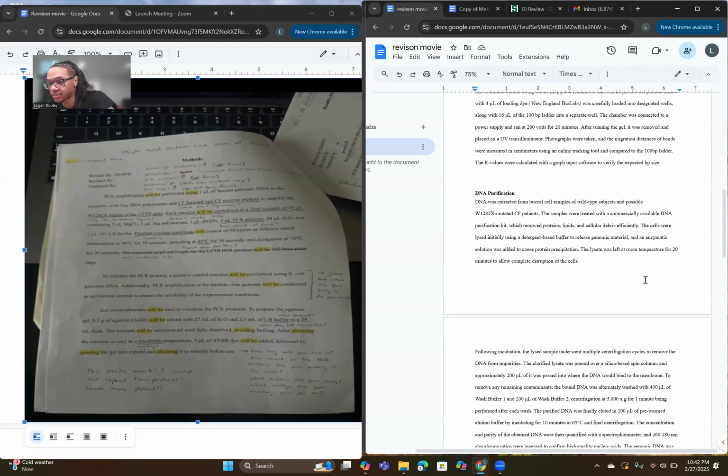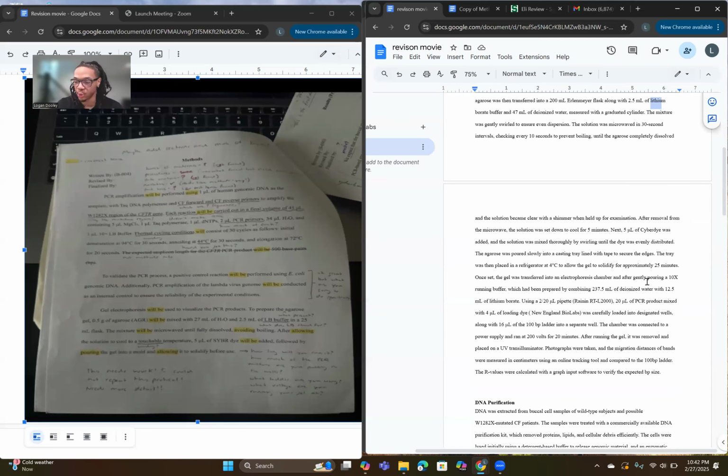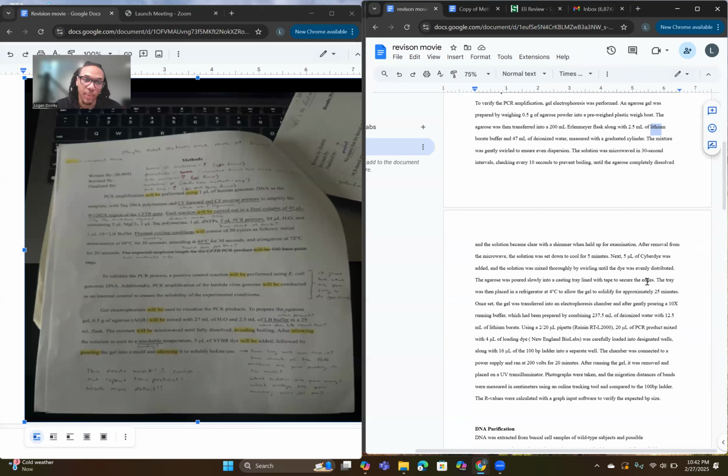Besides the annotations on the paper, this is just the course pack. I wanted to make sure that this new method section followed the rubric. The methods section gets 5 points, and it says it includes the source of materials, which I displayed earlier.